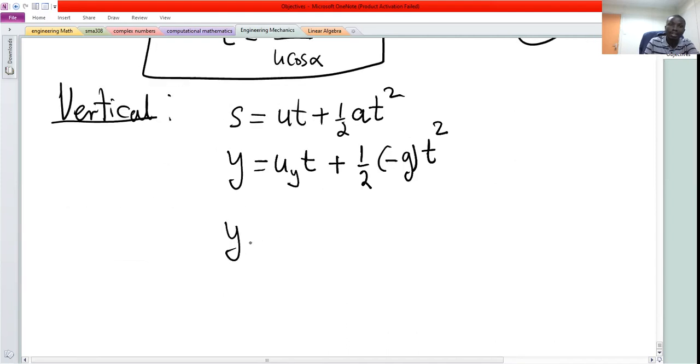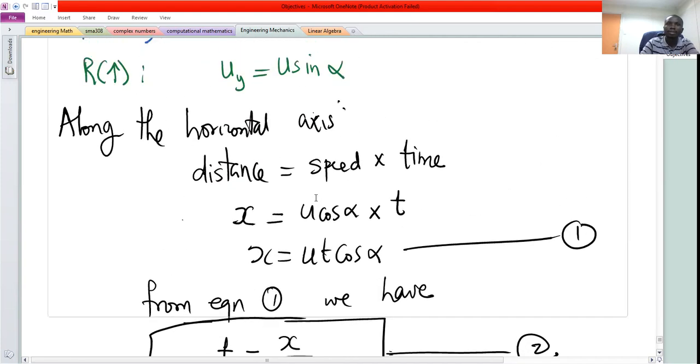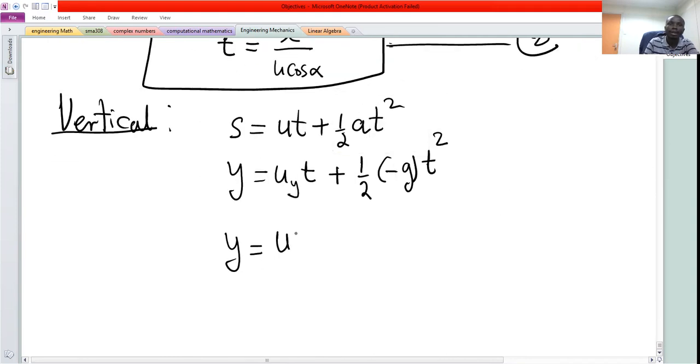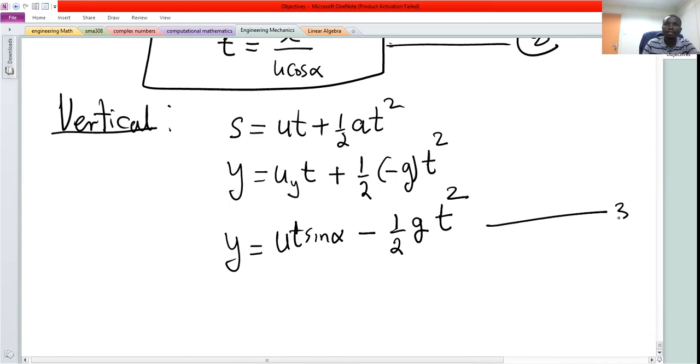We have calculated that our uy is u sine alpha. So multiplying by t, you have ut sine alpha, minus a half g t squared. Call this equation 3.